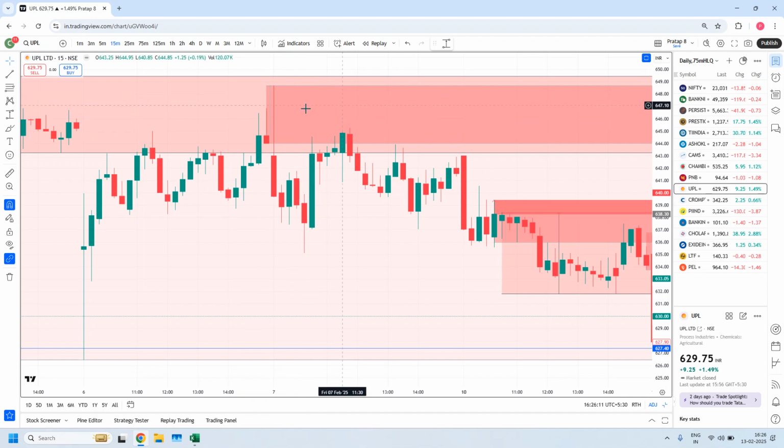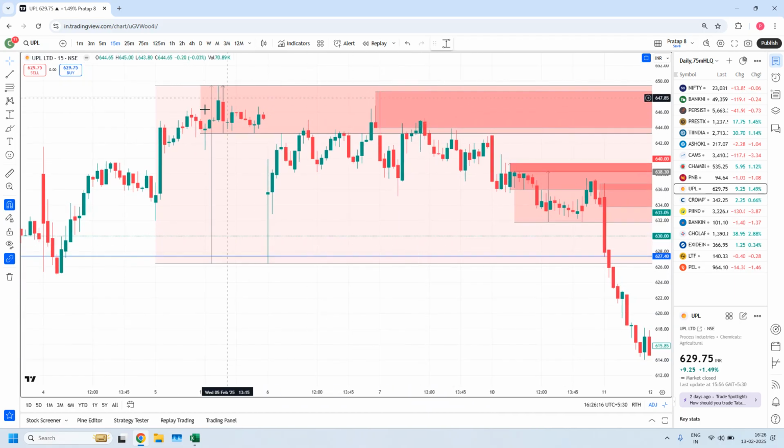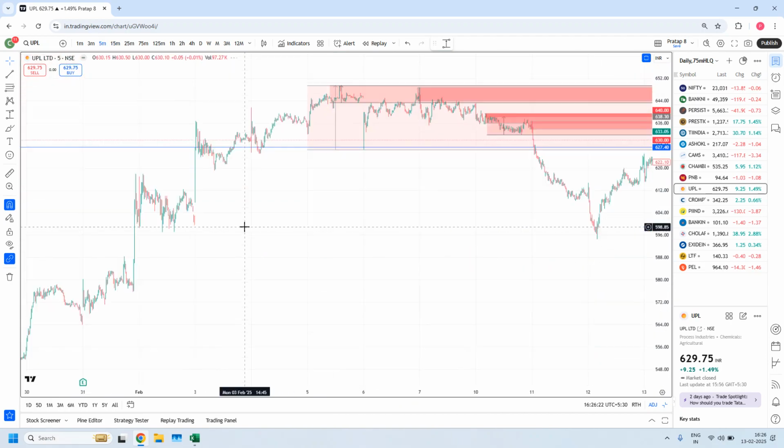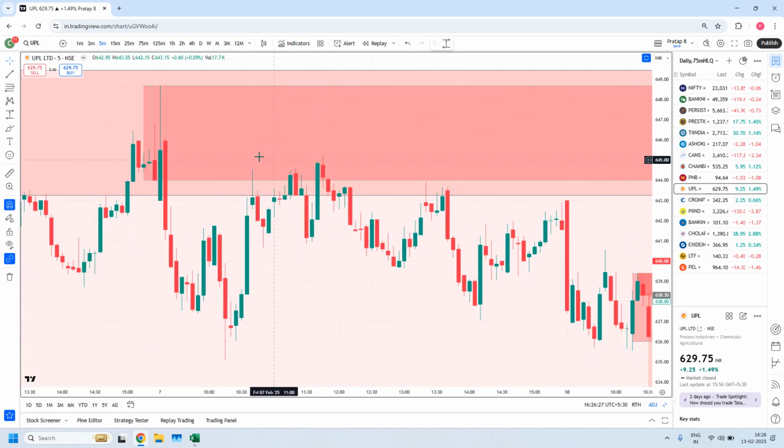But does it have a fine-tuned zone? No. Why is there no fine-tuned zone here? That we will discuss. Inside this 75, rally, base, drop. Let's go to the 5 minutes time frame. First let us look into the top one. What is this candle?